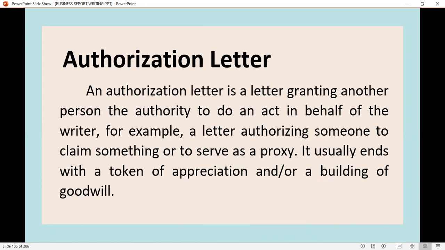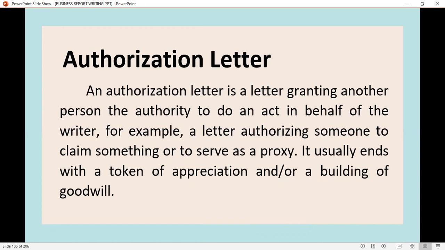Parang substitute. For example, dito sa OMSC registrar, sa Office of the Registrar, hindi mo pwedeng ipa-claim ang iyong transcript of records ng basta-basta lang.